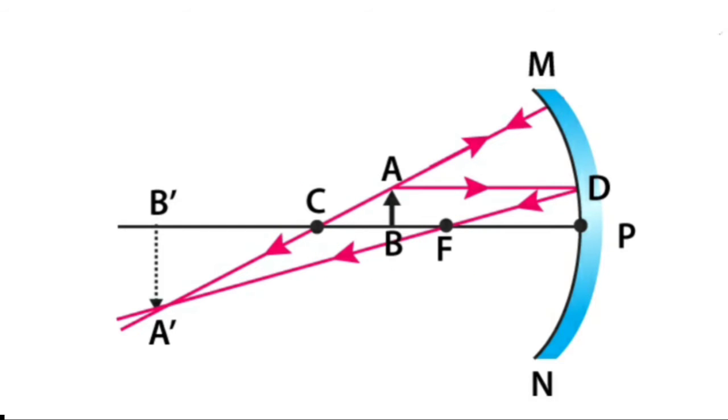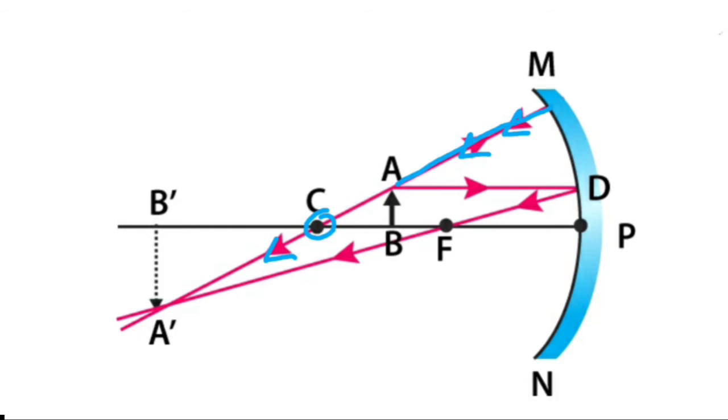From this object AB, if we consider again two rays, 1 and 2, one ray parallel to the principal axis passes through the focus after reflection, and another ray comes back along the same path and passes through the center of curvature.